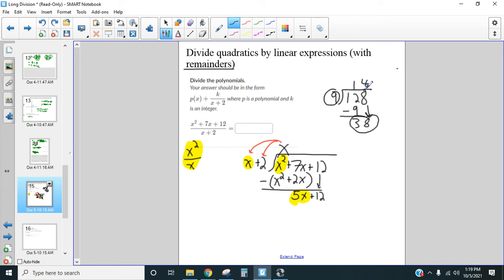We wrote 4 up here. 4 times 9 is 36. We do the exact same process all over, right? So right now, just to be clear, we are right here. We're saying, what's 38 divided by 9? In this case, we're saying, what's 5x divided by x in the beginning? I'm highlighting this just to show you where we're at over here.